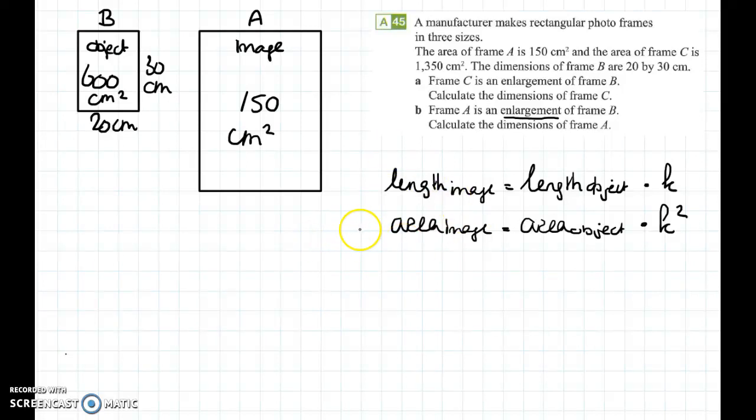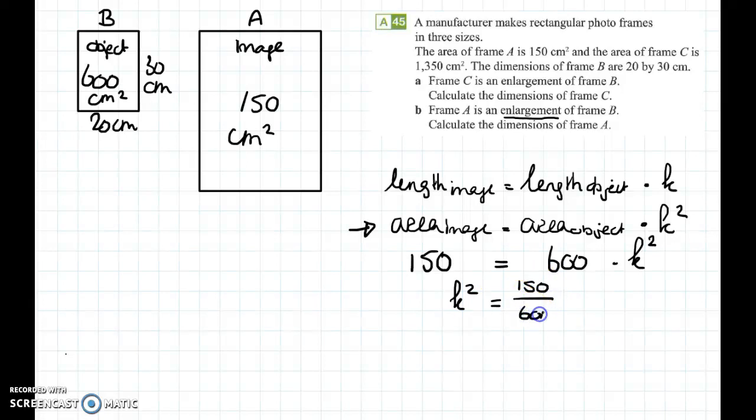We know both the areas, so we're going to use this formula and put that in to calculate k squared, just as we did at exercise A. The area of the image is 150, and that is equal to the area of the object, 600, multiplied with the scale factor squared, because we're talking about the area. So k squared is 150 divided by 600.